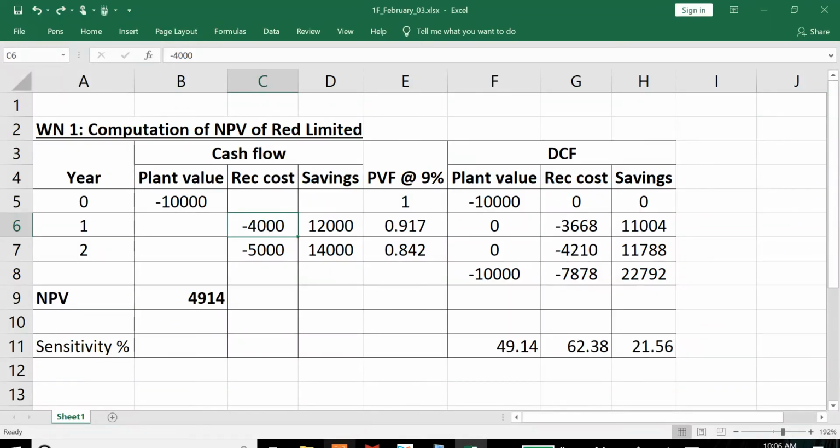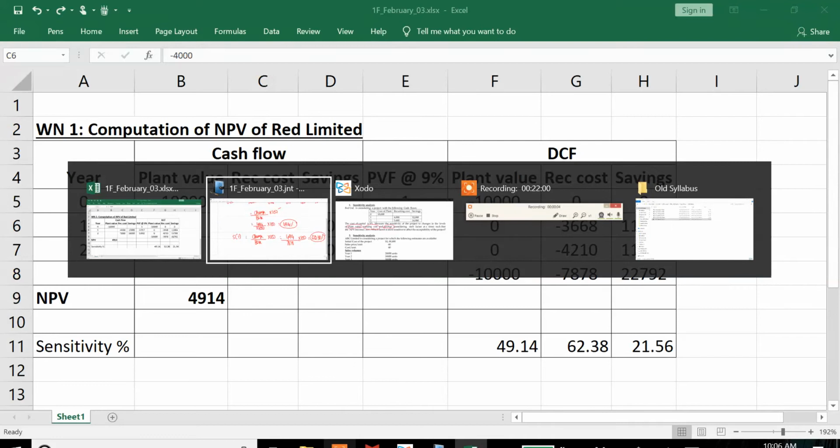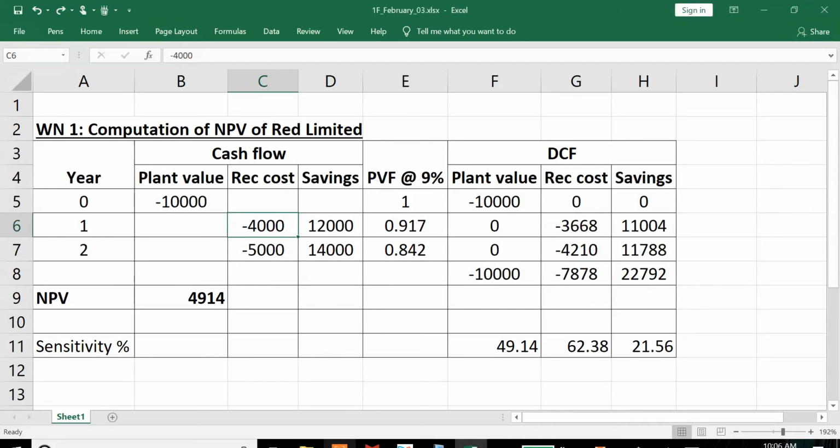The present value of savings is 22792. Full stop.